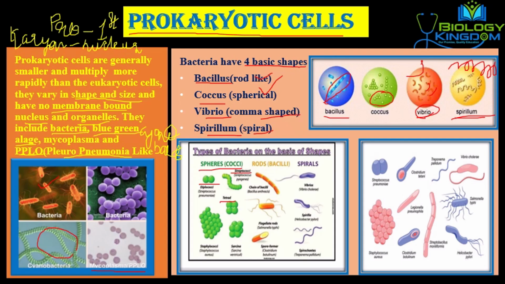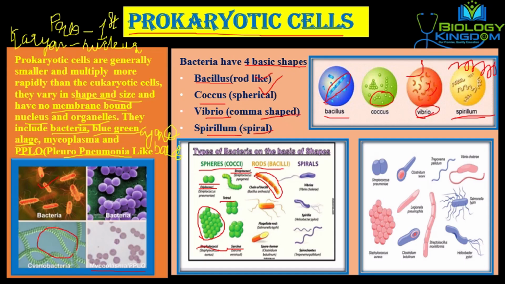If it is two spherical spheres, then it is diplococci. Then we have staphylococci, wherein more than four spherical cells are attached to each other. Next is sarcina. Coming to rod-shaped bacilli, here it is a chain of bacillus. The best example is Bacillus anthracis.